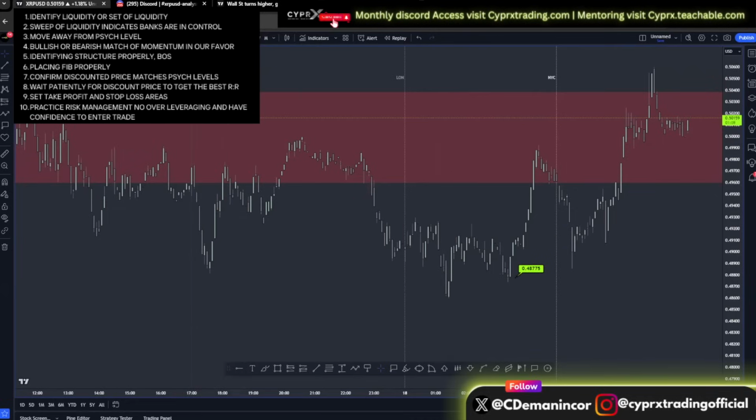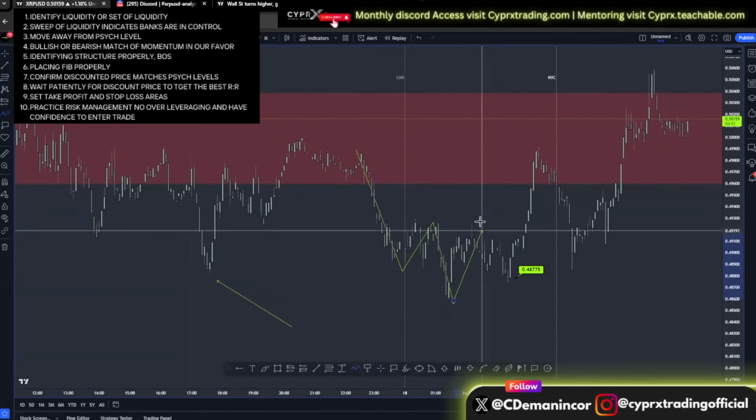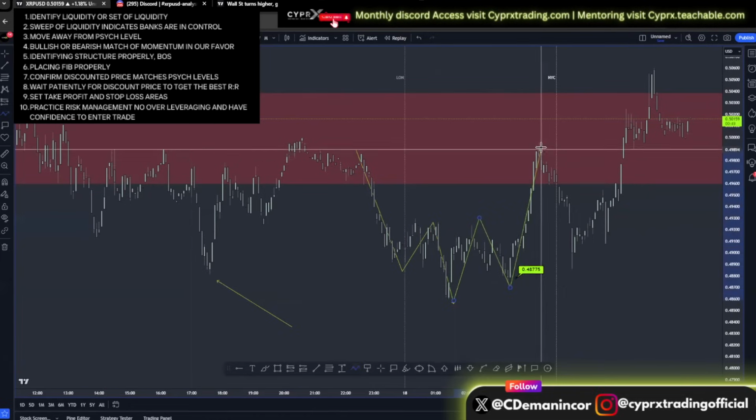Number four, bullish or bearish match of momentum in our favor, okay? So again, we see a bearish move to come and liquidate pre-engineered lows in the market. And then we see a bullish move in our favor. Remember, my pre-plan analysis was I wanted to see some type of bullish order flow or buy scenario play out.